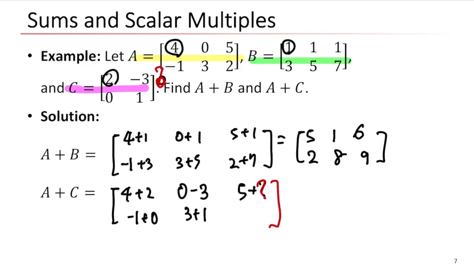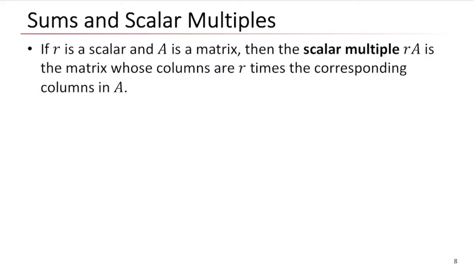So in this case, is it 0? No, because there's no entry here, so it's not possible. It means that because the sizes of matrix A and matrix C are different, A plus B is possible, but A plus C is not possible. Okay, let's move on.